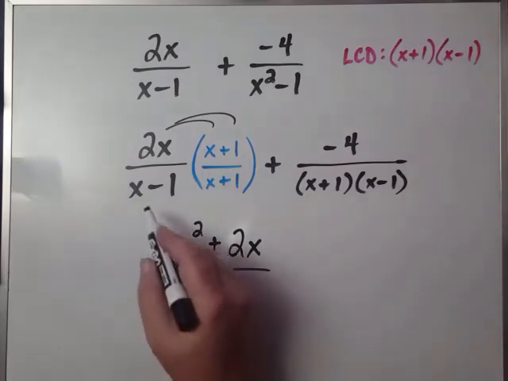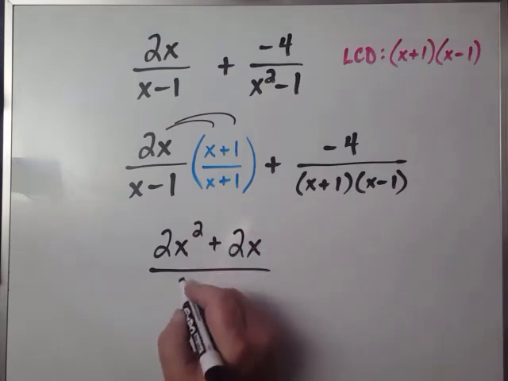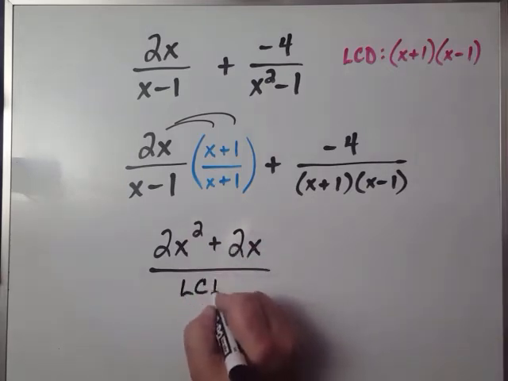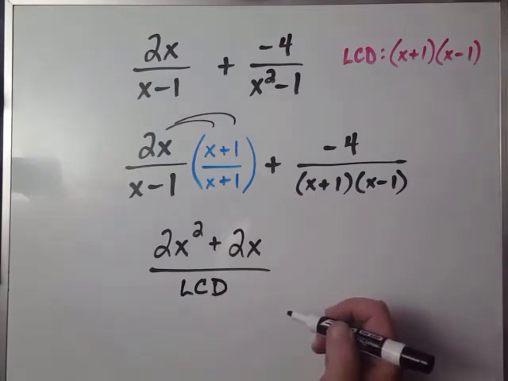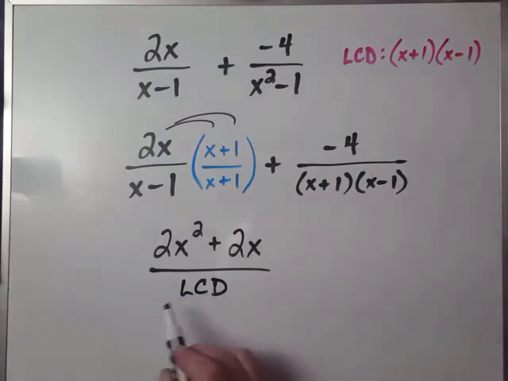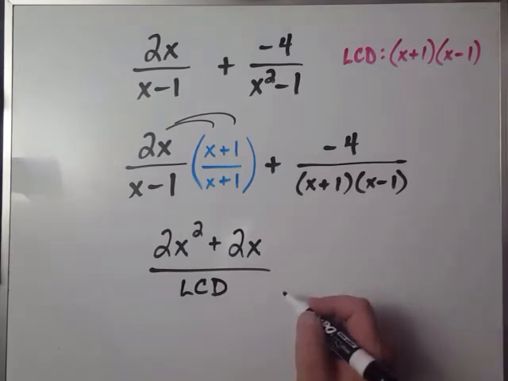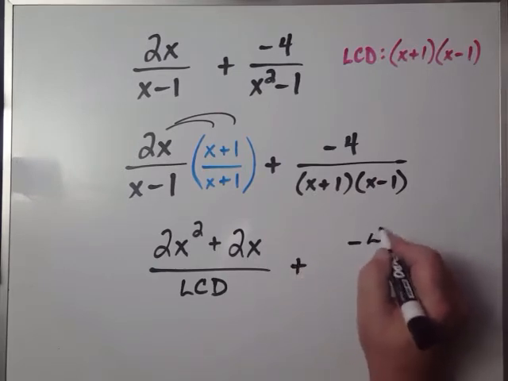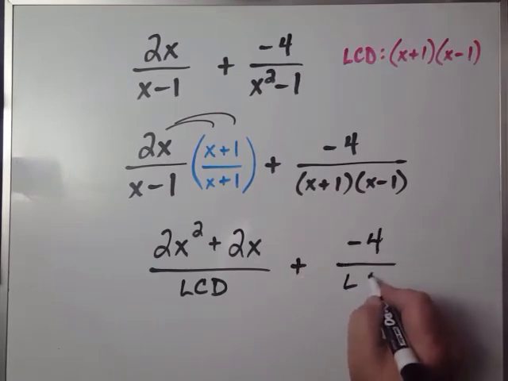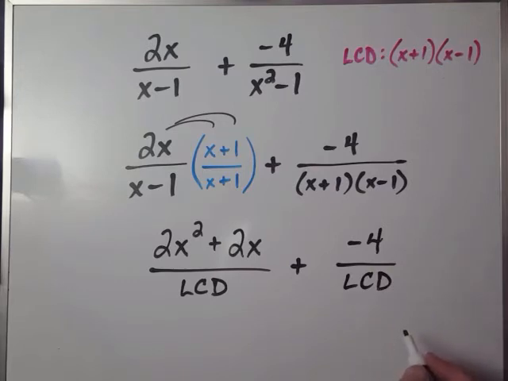And instead of writing x plus 1, x minus 1, here in these intermediate steps, I'm just going to abbreviate and say that's over my LCD. It's the same thing as writing x plus 1, x minus 1, but just a lazier version. And plus negative 4 over, well, my LCD.